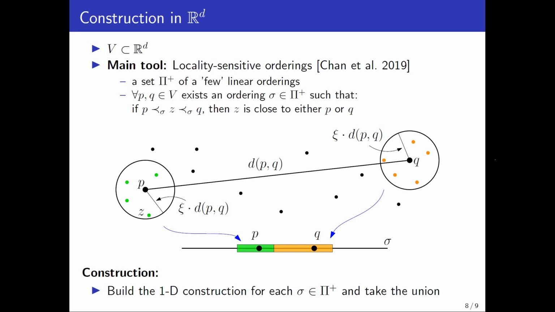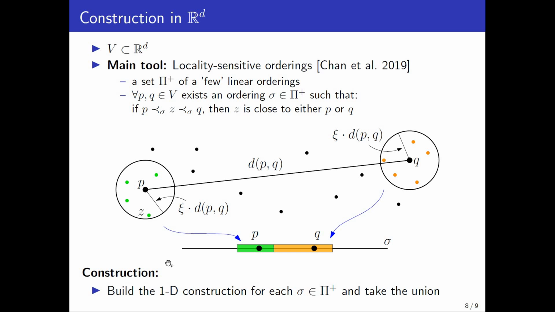To see this, suppose that we want to find a 1 plus epsilon path between two points p and q. We know that there is an order with the properties mentioned earlier, and the graph contains a corresponding subgraph. Since the 1D construction is reliable, there is a monotone path between p and q according to the 1D order.